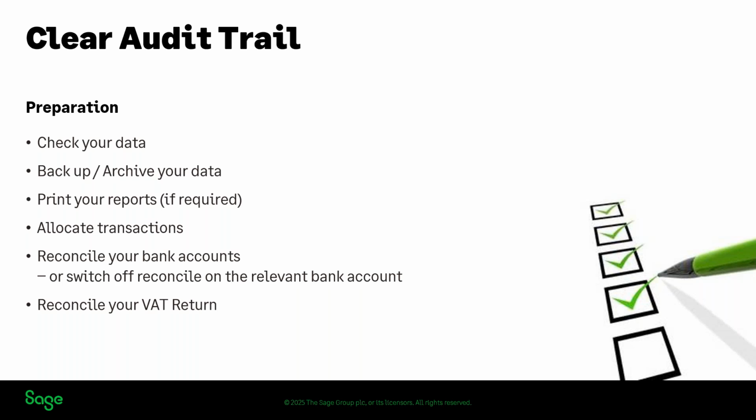So allocate everything together. Remember, if you've got an invoice and you've got a credit and they're not matched, both transactions are going to be flagged as being outstanding. So they're not going to be flagged as having been paid. Therefore, if you go to clear your audit trail, it will not clear them because the transactions don't meet that criteria. So it may just be a case of tidying up your customers and your suppliers by allocating transactions together.